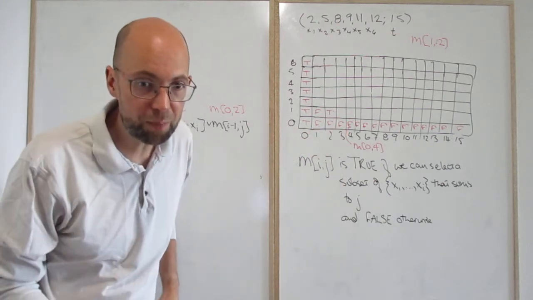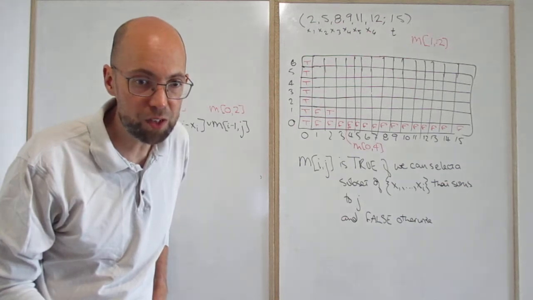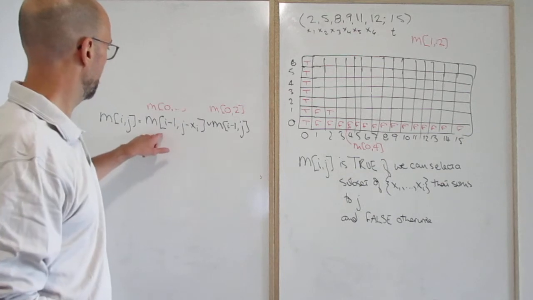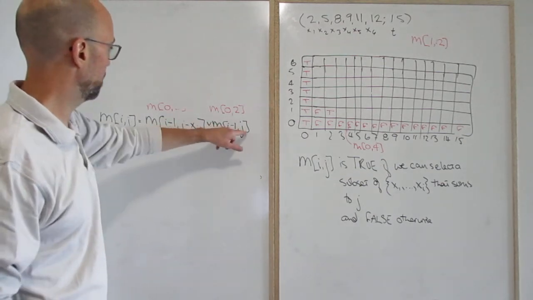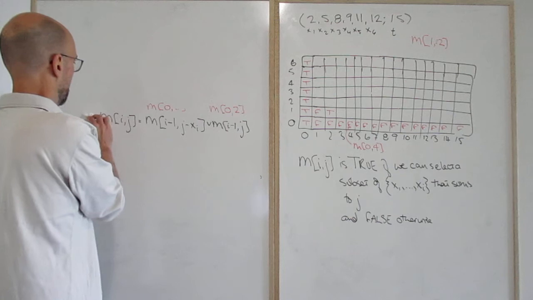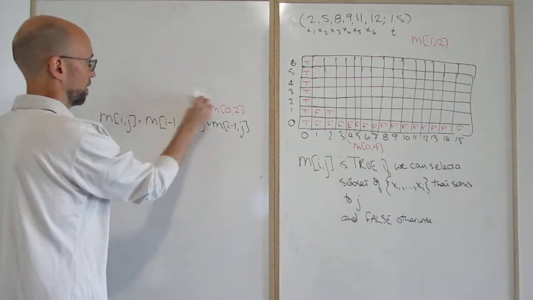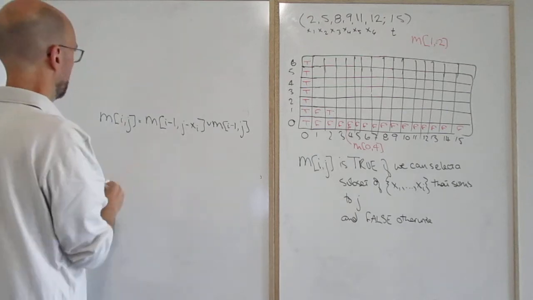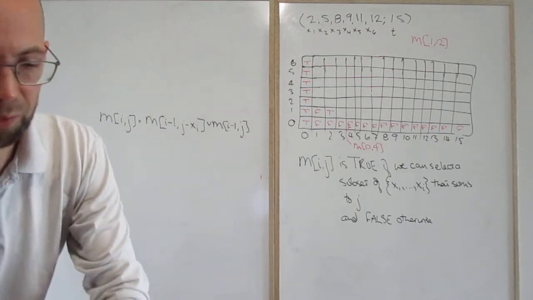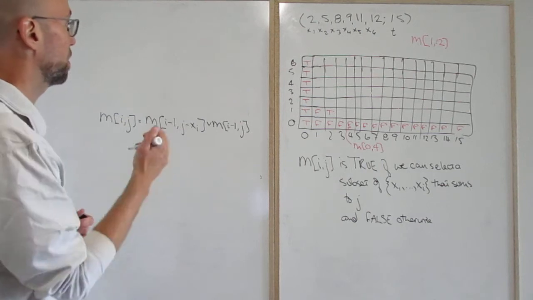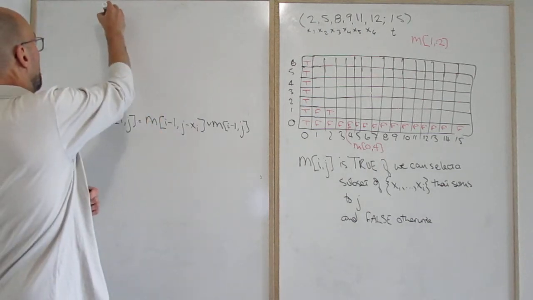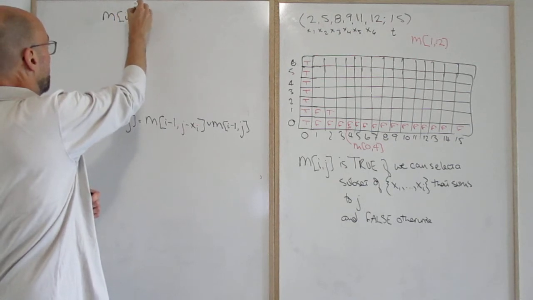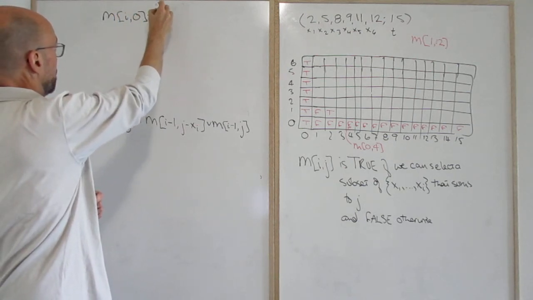Does that say that Mij equals Mi minus 1, j minus 1, or Mi minus 1, j? This says, okay, I'll write this bigger. When we get to the program, so you write Mi0 equals true, right?